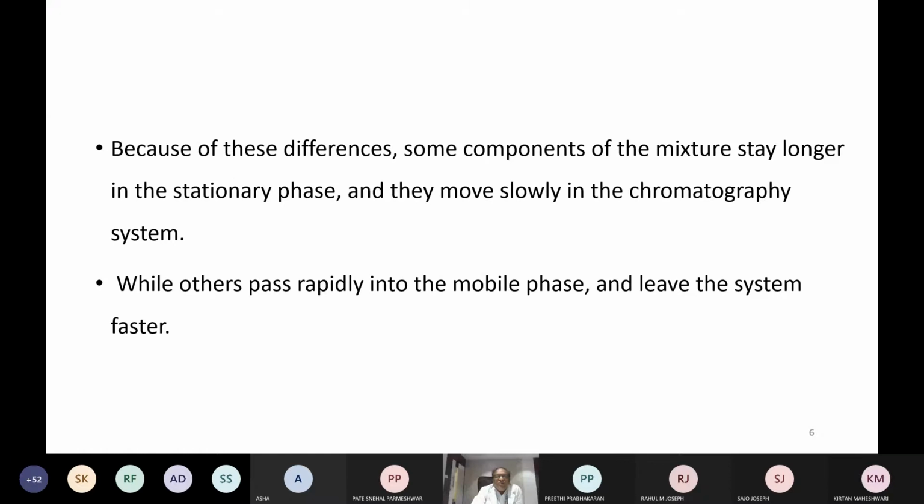Because of these differences, some components stay stronger in the stationary phase and move slowly in the chromatography system, while others pass in the mobile phase and leave the system faster. It depends upon how much it has dissolved; the more the dissolvability, the more it comes out of the mixture.